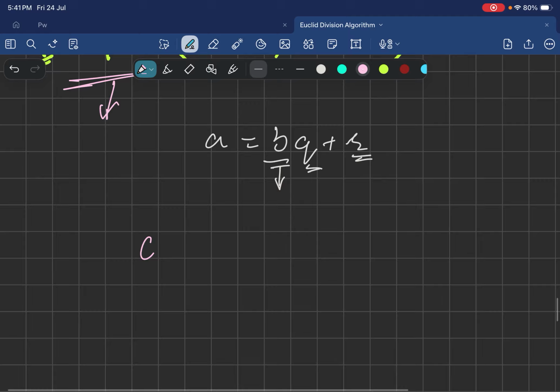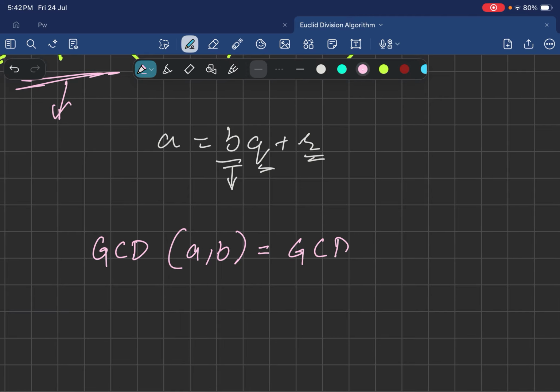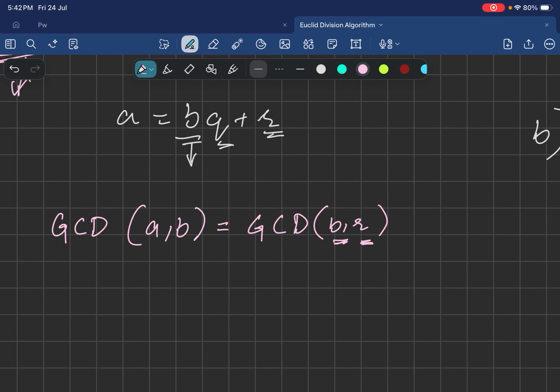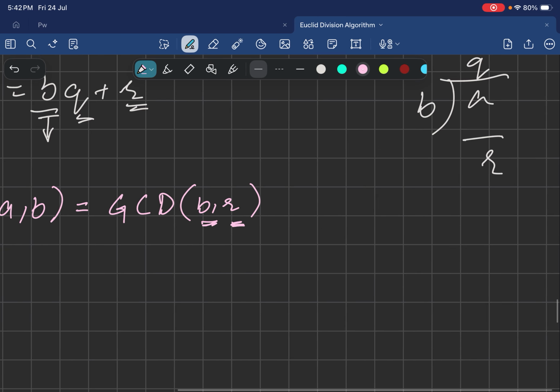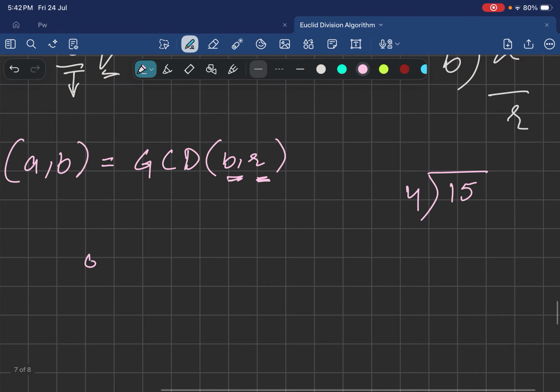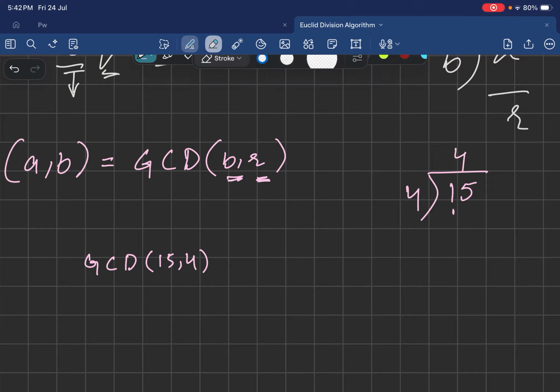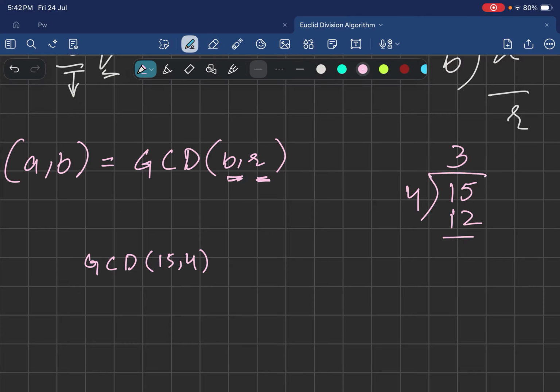Okay, so it is asking to find the GCD of this, and the only property of GCD that you need to know for now is that GCD of A, B is the same as GCD of B and R. B is the divisor and R is the remainder. So if I ask you the GCD of 15 and 4, dividing 15 by 4 gives 3 times, 12, and then you get a remainder of 3.